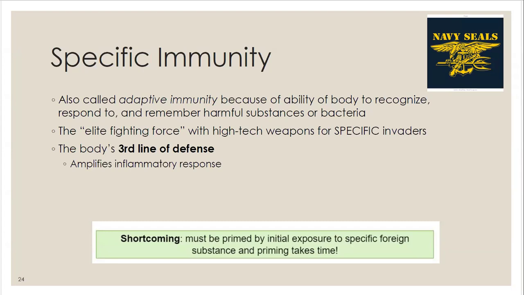Upon re-exposure, the response is quicker and more robust and often neutralizes the threat before symptoms arise. And it has amplification of the inflammatory response. So the adaptive immunity enhances the effects of inflammation by signaling more immune cells to the site of infection or injury.